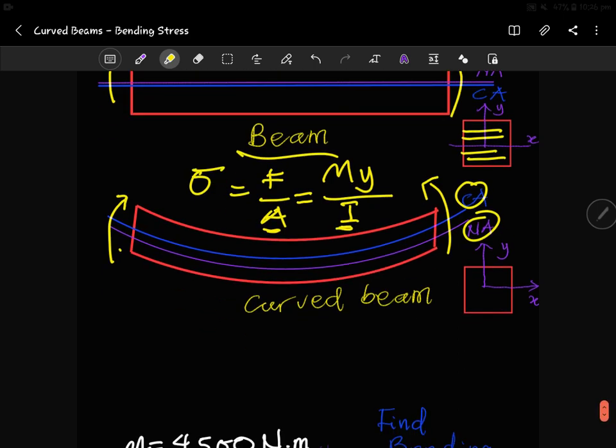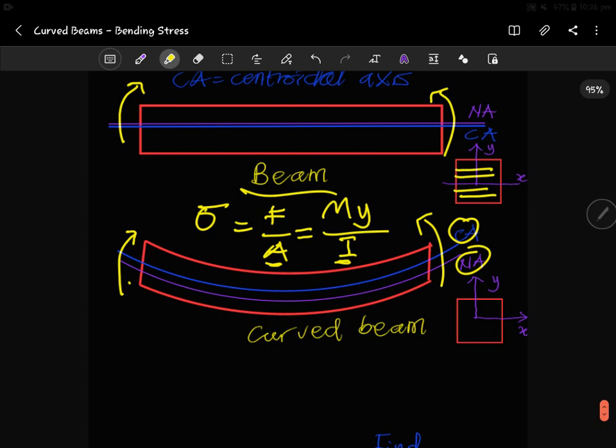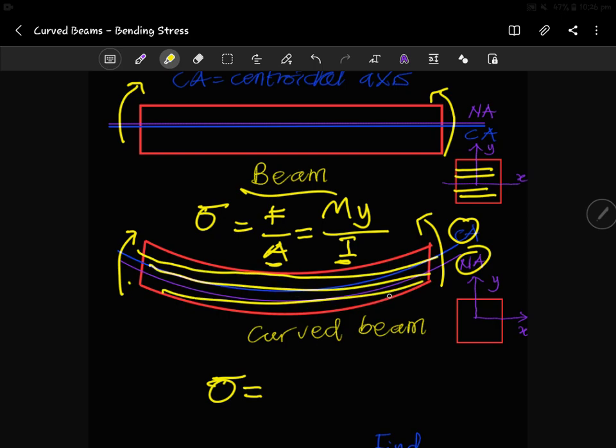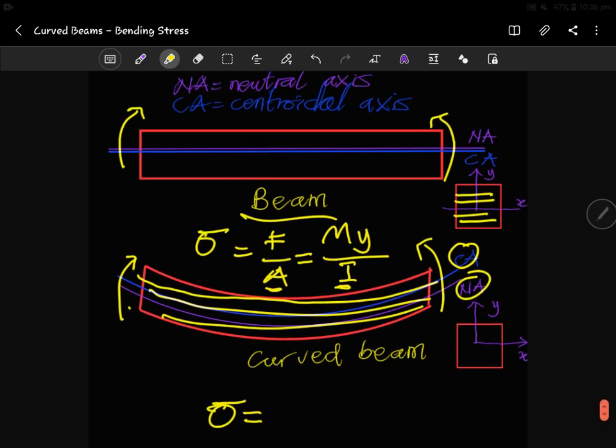Then again, when it comes to the curved beam, the stress is the same thing, but because we have a curvature, we have to consider the stress at every point within the beam. At this particular curvature it will be different, and at other curvatures different again, depending on the radius. As I was saying, if we have a curvature, there's a center of curvature.